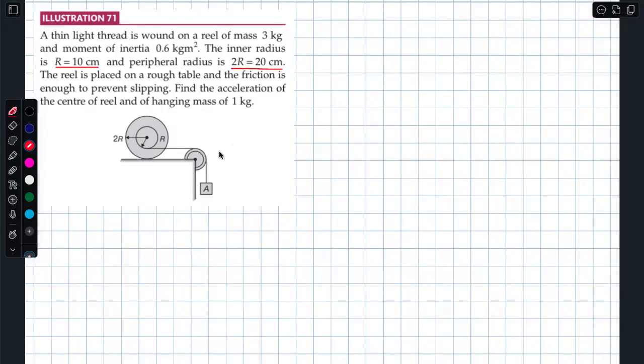Right. Hold on. So, you give me whatever the criteria, I will analyze the situation. Let me consider the free body diagram of this arrangement. The free body diagram of this arrangement is like this.